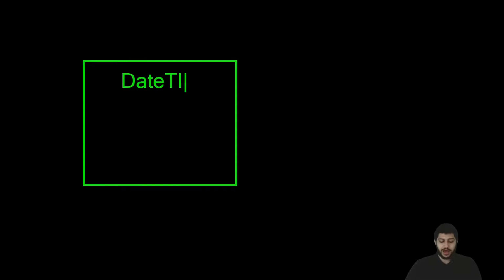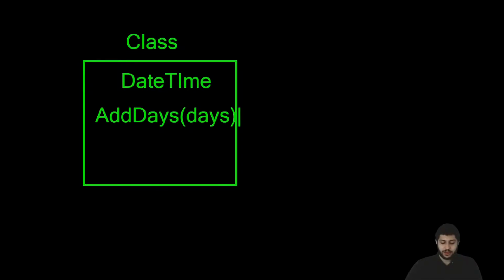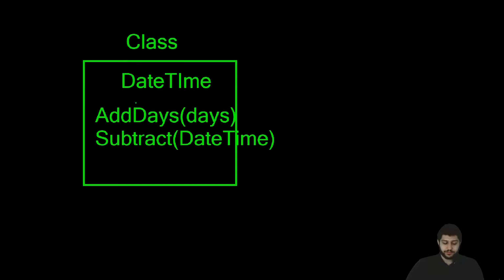Imagine we have the same DateTime class. This is class DateTime. This was the template. But now we also have behaviors such as add days. We have behaviors such as subtract another DateTime object. Okay? So we can add days to DateTime objects.